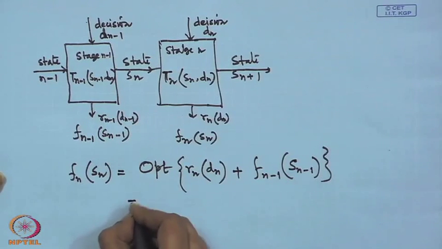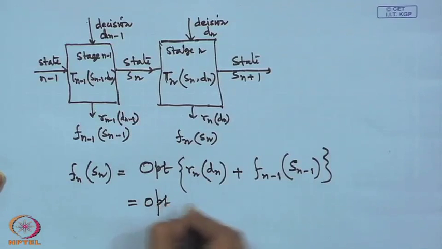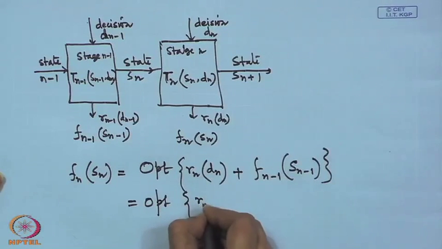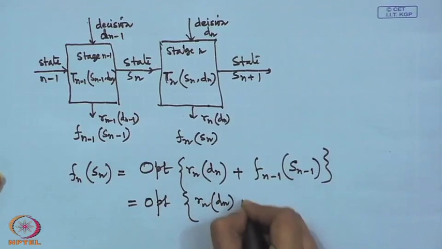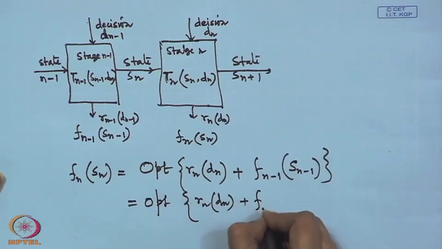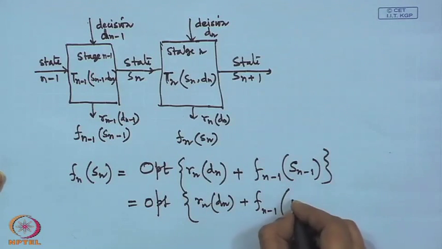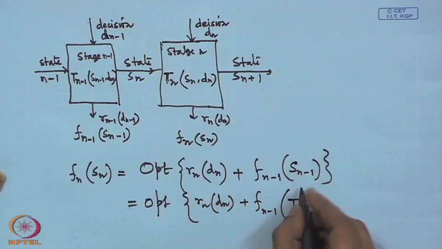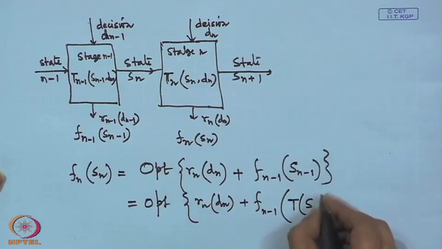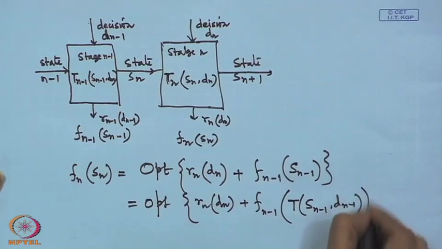In another way we can write it as optimum of r n (d n) plus f n minus 1 (s n minus 1), and this s n minus 1 we get from the previous stage through the state transformation equation, that is T (s n minus 1, d n minus 1).